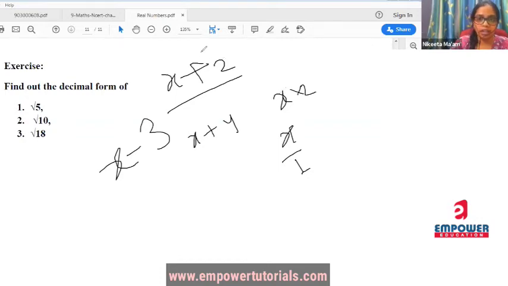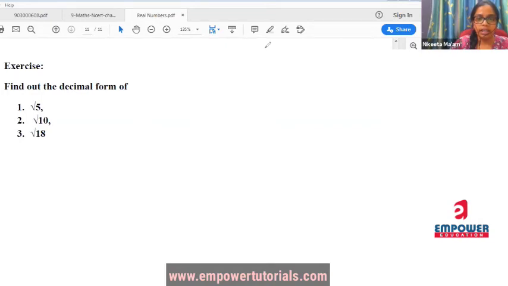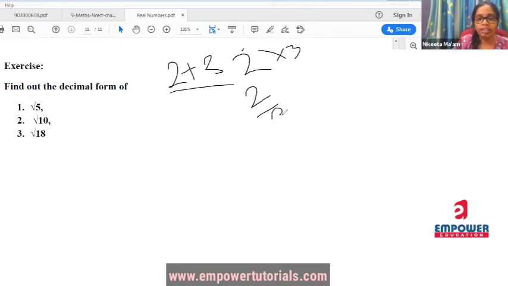You will use the same rules for rational and irrational numbers. We can add 2 plus 3, because both are rational numbers. We can multiply, divide and subtract these numbers.